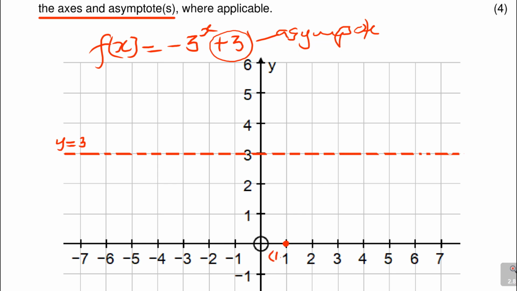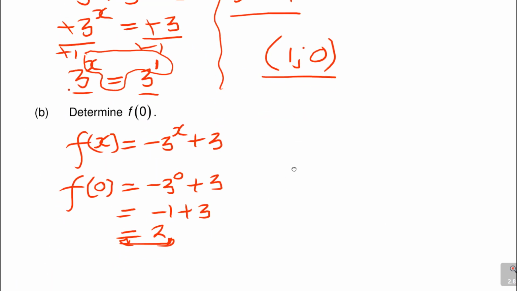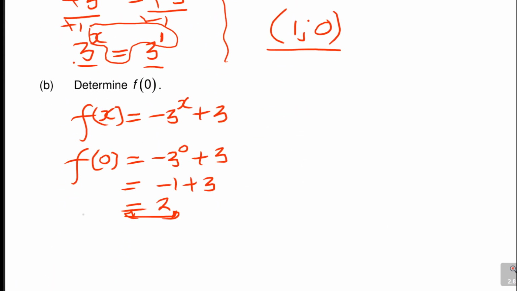This point is (1, 0). And then, do we have another point? Yes, I think we have another point, f(0). When x is equal to 0, what is y? Y is equal to 2. Do you see that you have got the second point there? So you can write that in coordinate form.